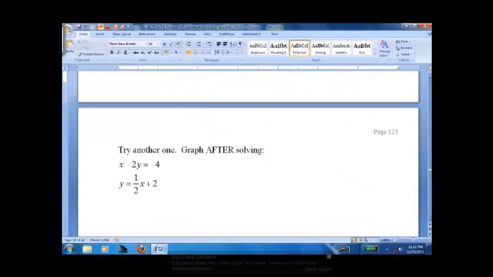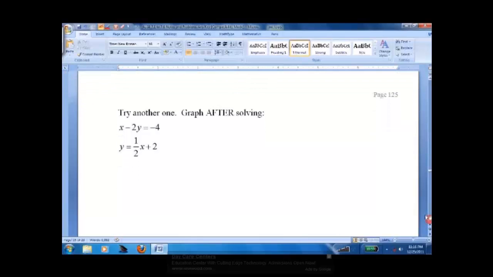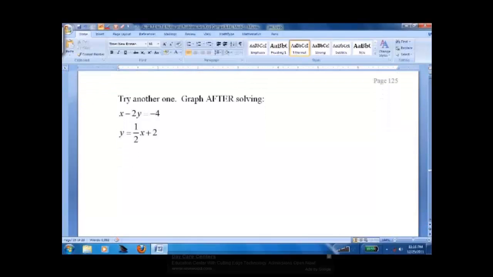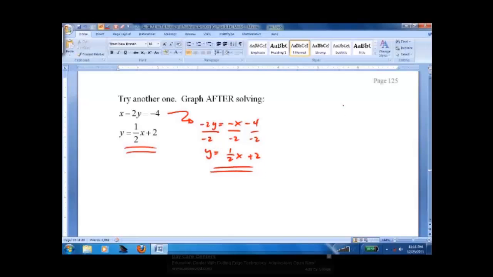So, flipping to the other side. Let's set these equations up, then graph them. This one's ready to roll. And we're going to actually graph them both first. We're not going to take this advice. So, negative 2y equals negative x minus 4. Get y equals 1 half x plus 2. So go to graph.